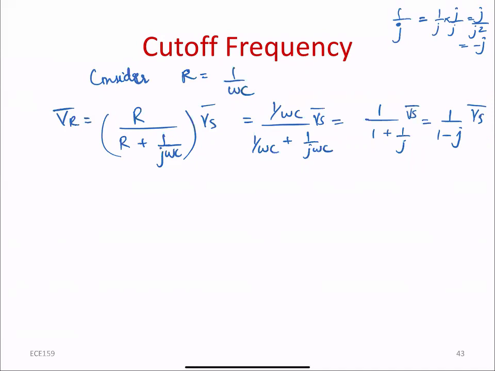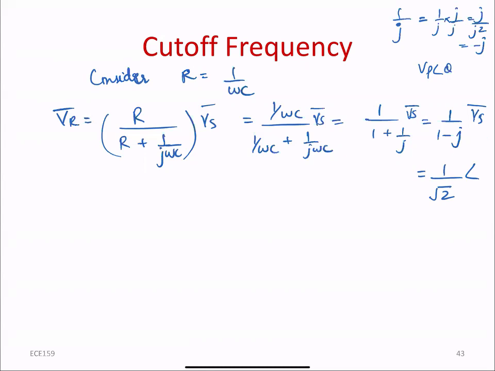How is this represented in phasor? A phasor is represented by its magnitude Vp and its phase angle. So what is the magnitude? 1 square plus 1 square under root, which is under root 2. And how will we calculate theta?